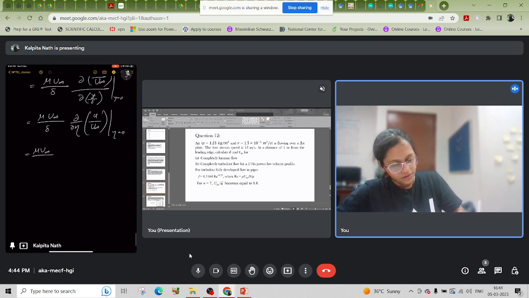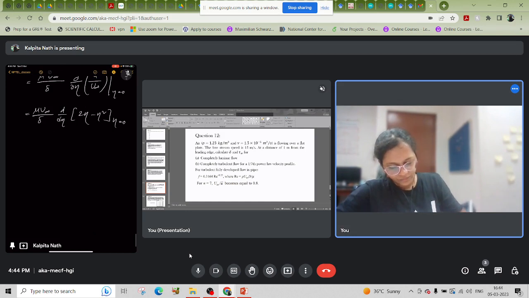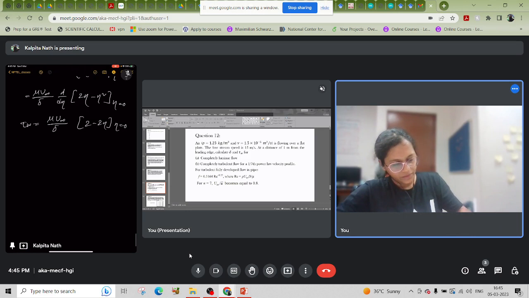Mu u infinity by delta d eta of 2 eta minus eta square, at eta equal to 0. Tau w is equal to mu u infinity by delta times 2 minus 2 eta, at eta equal to 0.